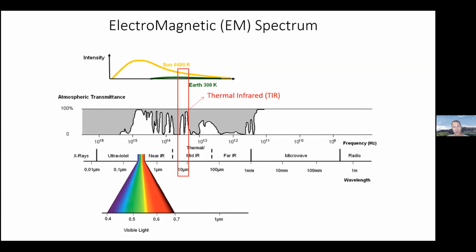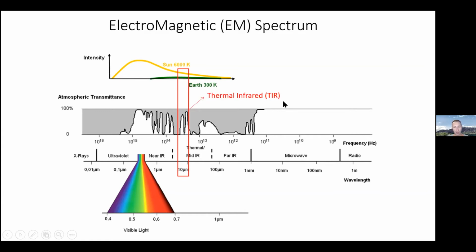So this is what we call the thermal infrared region. And this is the region that Earth emits radiation primarily in. So if you look at the green at the top there, Earth emits at about 300 degrees Kelvin, whereas the sun, the incoming solar, at much higher temperatures comes in the UV, so much shorter wavelengths.